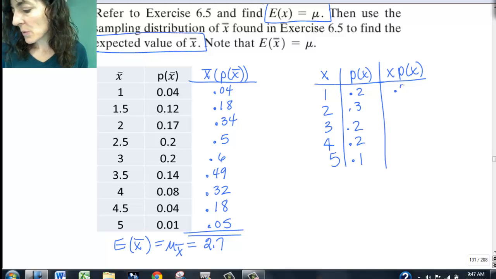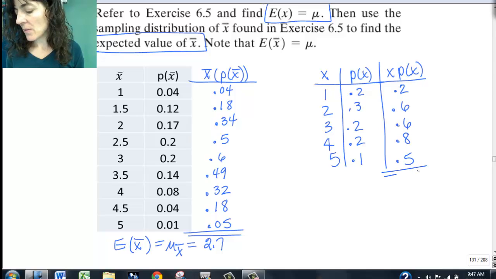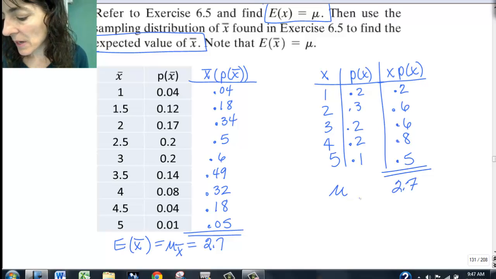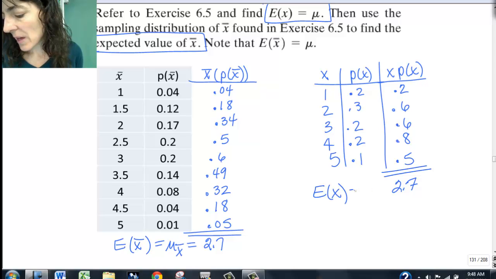And this will be 0.2, this will be 0.6, this will be 0.6, this will be 0.8, and this will be 0.5. Add those up. And this is my expected value of x, or my mean.